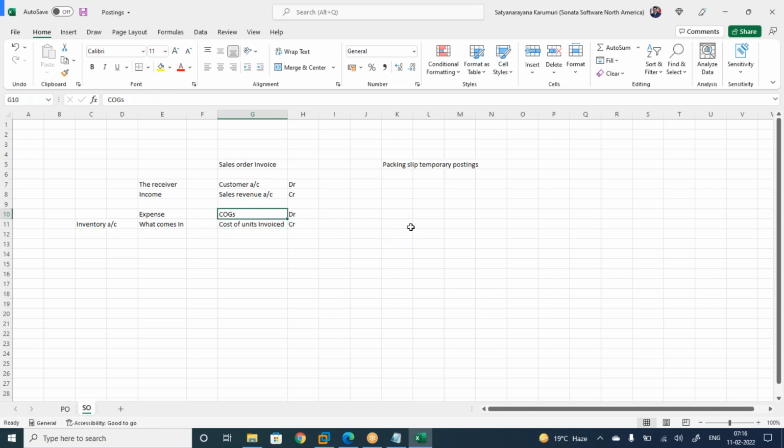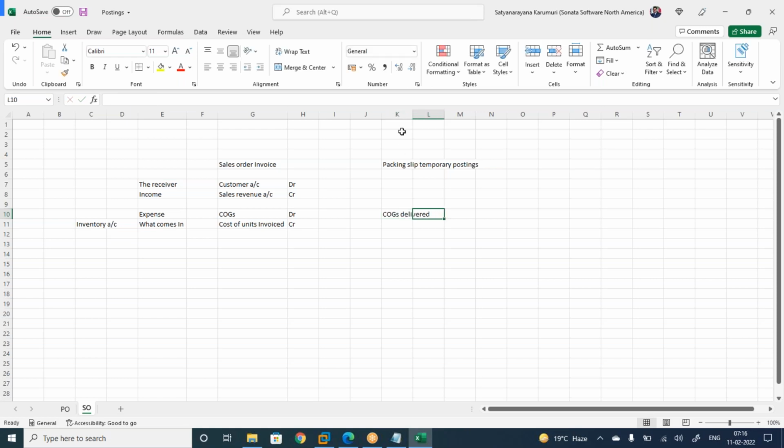Okay. Now, at the time of the packing slip, there are temporary postings: cost of goods dispatched or delivered.